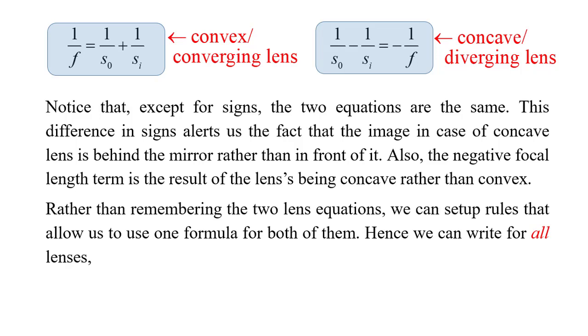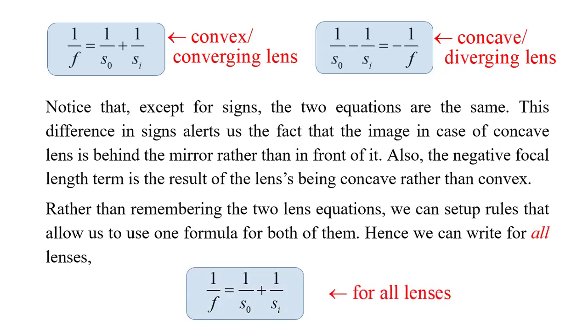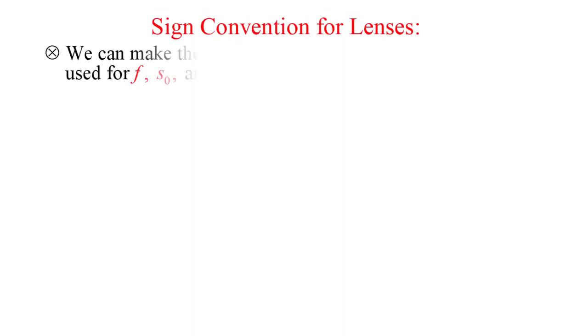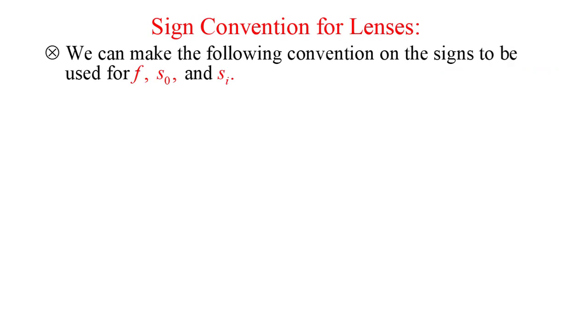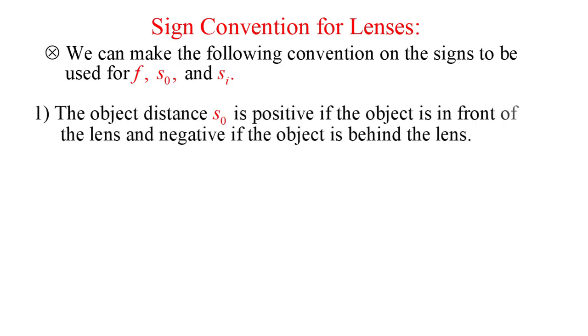Hence, we can write for all lens situations, at least for all thin lens situations, that 1 over f is equal to 1 over s naught plus 1 over s i. Here is a sign convention for lenses. We can make the following convention on the signs to be used for the focal length f, the object distance s naught, and the image distance s i.